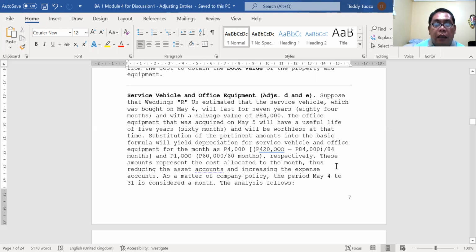And then it will last for 84 months. If you have to express it in number of years, 60 months is 5 years, 72 is 6 years, so 84 months is 7 years.